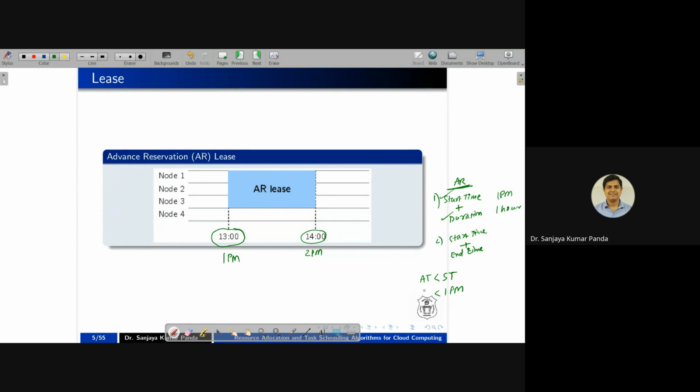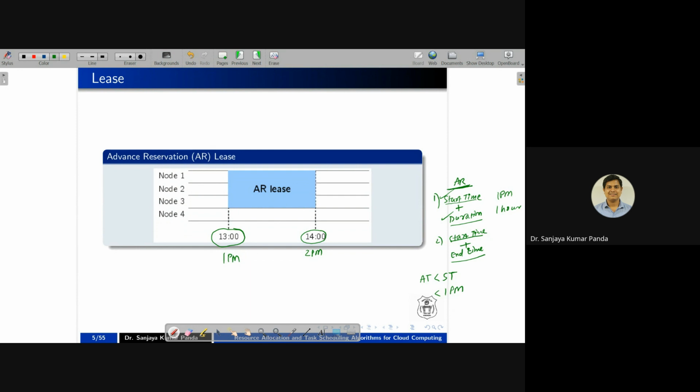And AR lease is the highest priority lease in Haizea, the open source resource manager, or any resource allocation algorithm. AR lease is given more priority because it has a specific start time and specific duration, or specific start time and specific end time. That is the reason why AR lease has more priority.